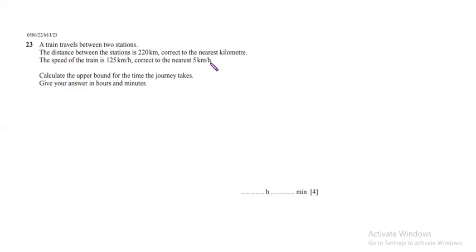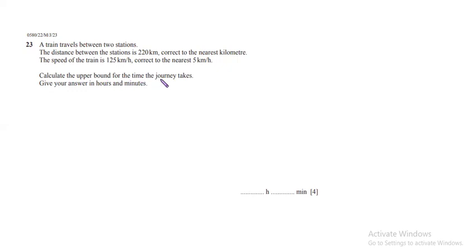The way we understand if it's a question related to bounds is, they would have mentioned the amount correct to a particular decimal place or to a particular significant figure. That is how we know that it's something to do with bounds. And here in the question also, it's mentioned that it's something to do with the bounds because we are asked to calculate the upper bound of time.